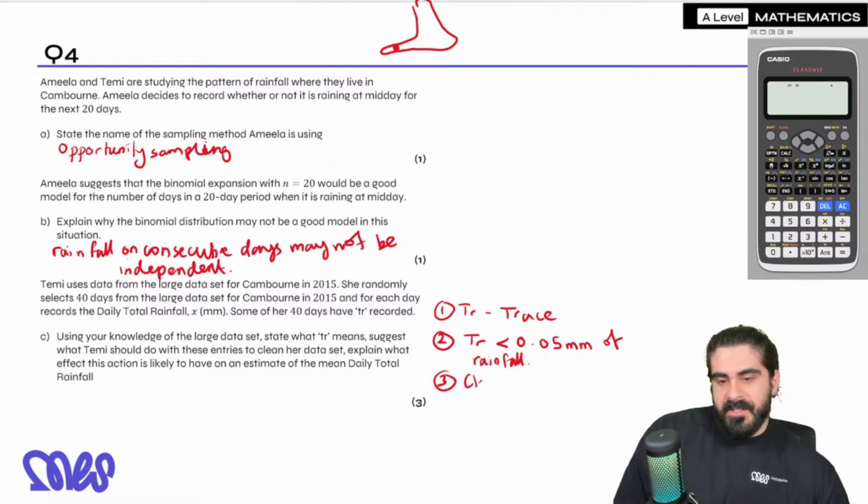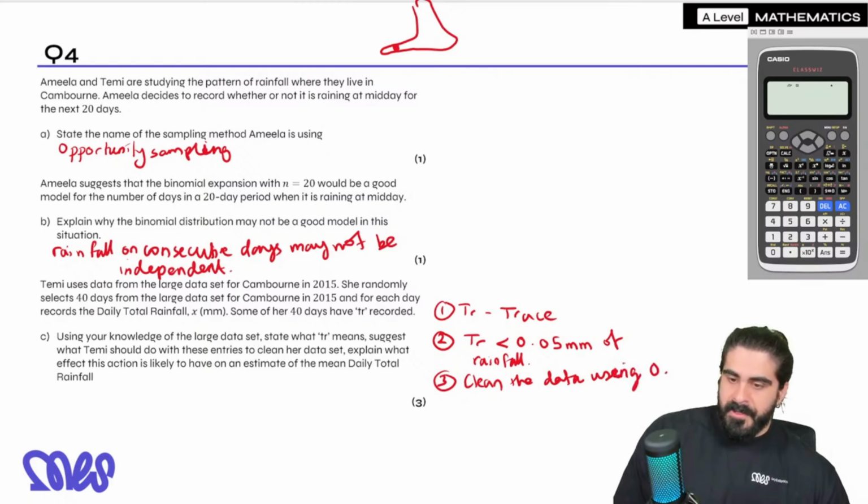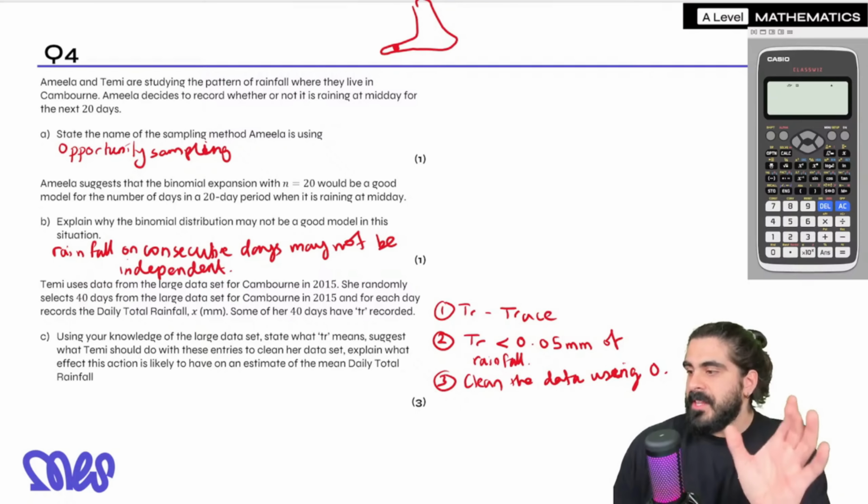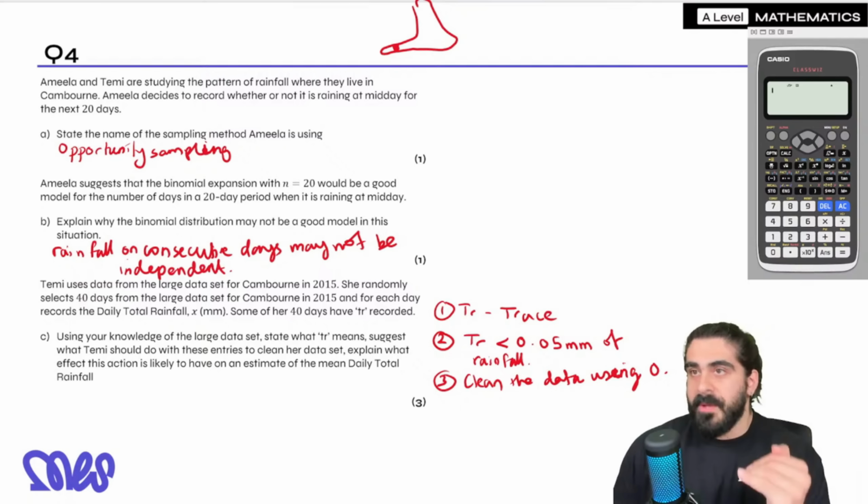Then clean the data using 0. And good, it would decrease her mean, because if trace means anything between 0 and 0.05, if you just drop it all down to 0, it's going to slightly reduce your mean.